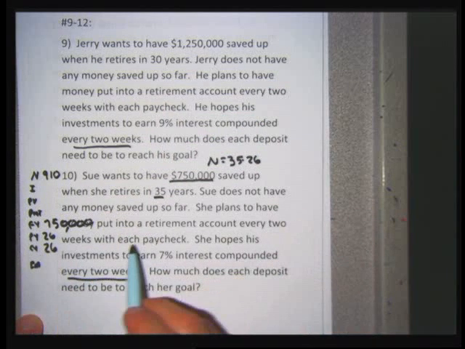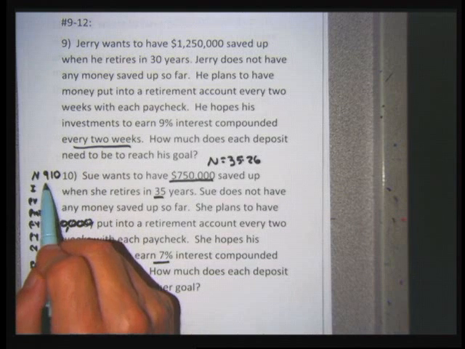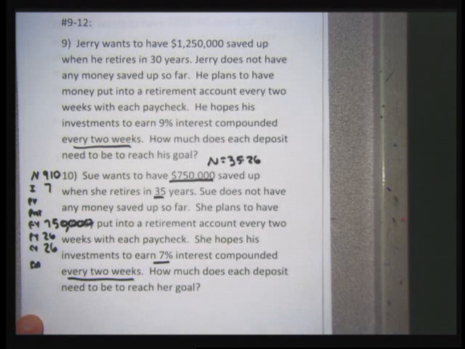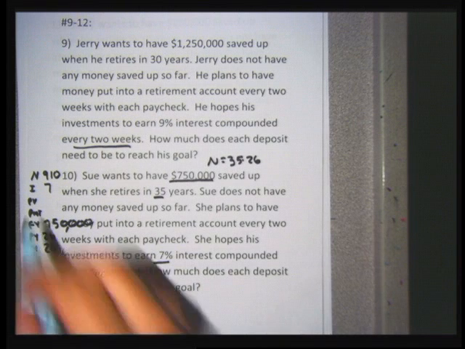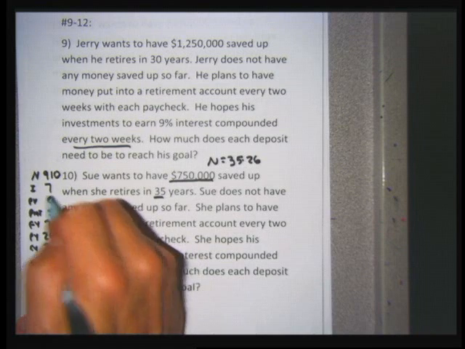Next number I see is 7% interest rate, so the I is going to be 7%. Then I have everything in but 2 amounts, but I don't have any amounts left, which means one of them needs to be 0. And Sue's trying to find out how much her recurring deposit needs to be, so we're solving for the payment, which means the PV is 0.